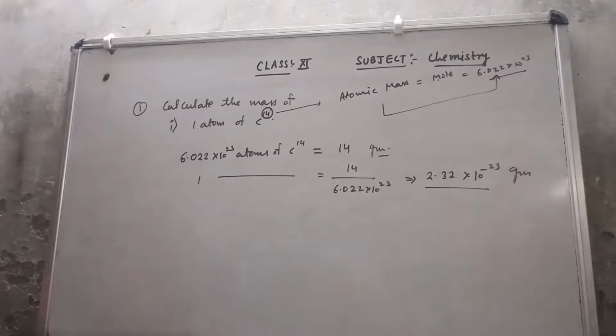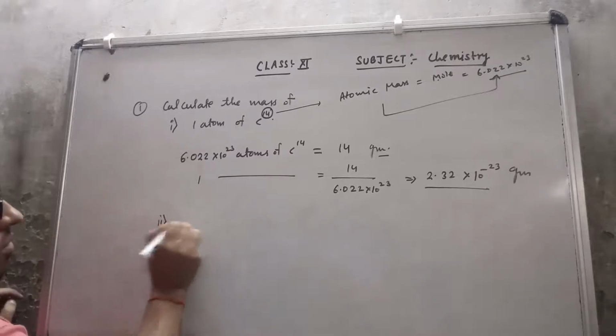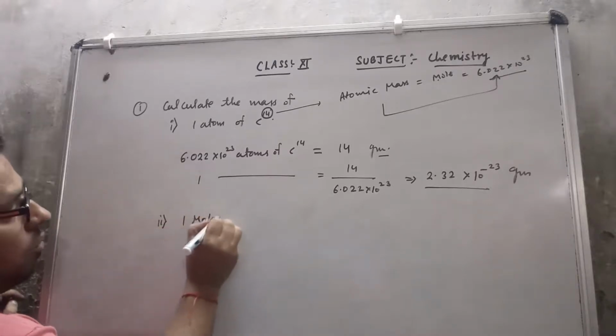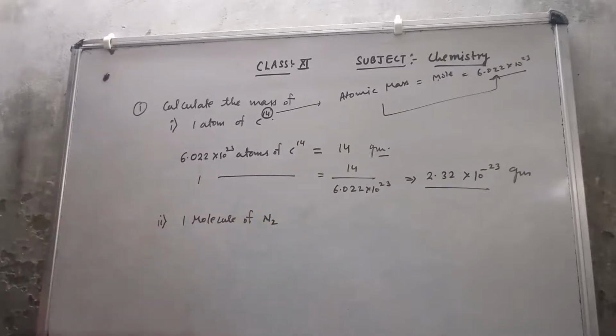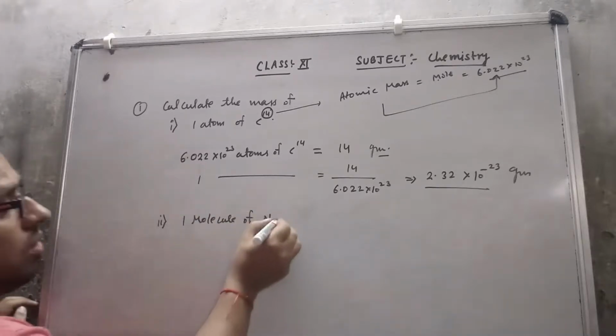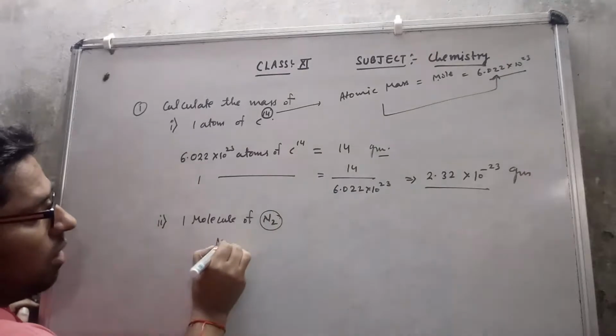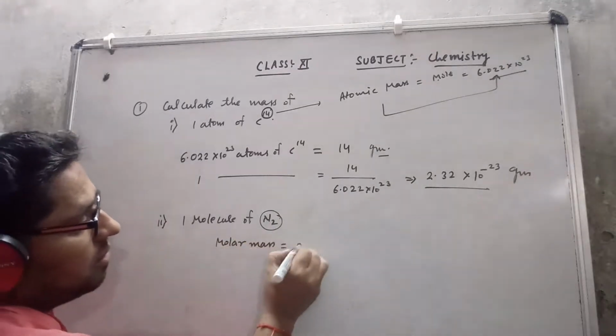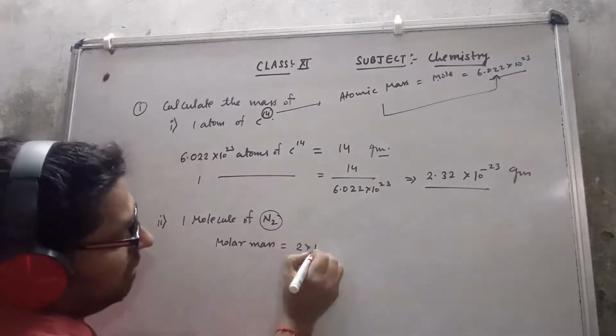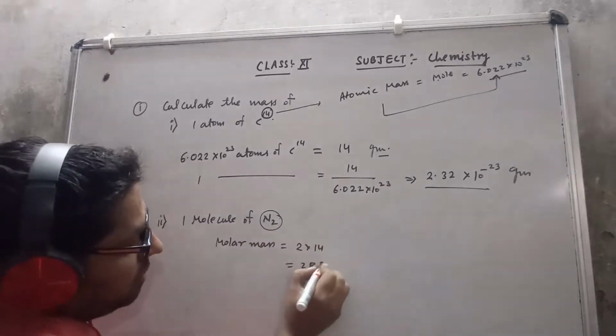Suppose the question is the same, we want to find out the mass of one molecule of N2. First of all you can check what the molar mass of N2 is. The molar mass is 2 multiplied by the mass of N, which is 14, so this is 28 gram.